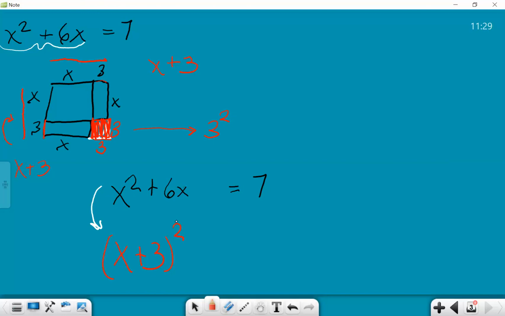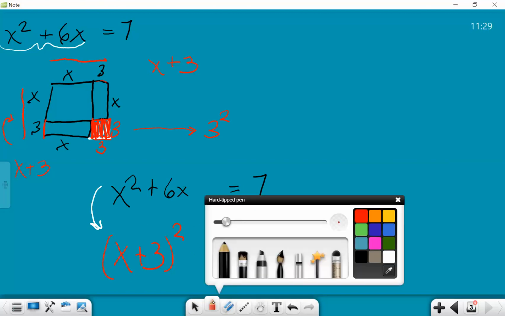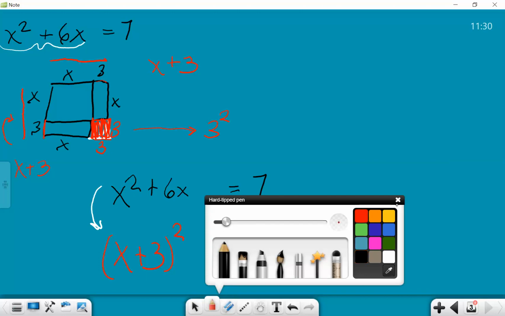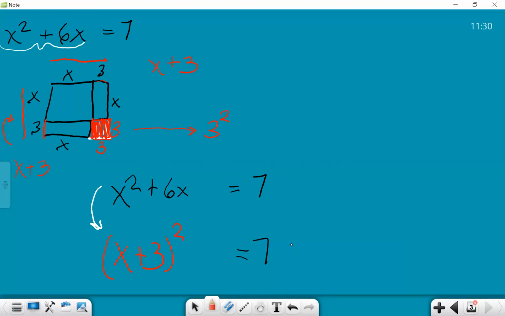So since I added 3 squared to the left side of the equation, it's no problem. I'm just going to keep the right side of the equation equals 7, but also add 3 squared to the left side of the equation as well.